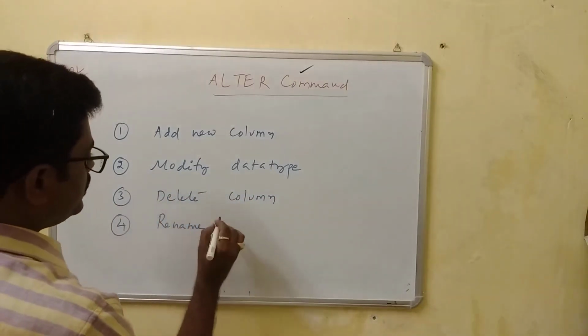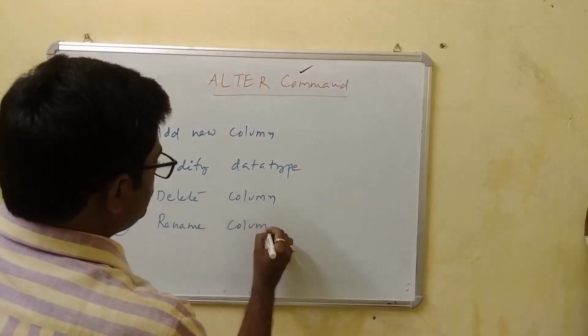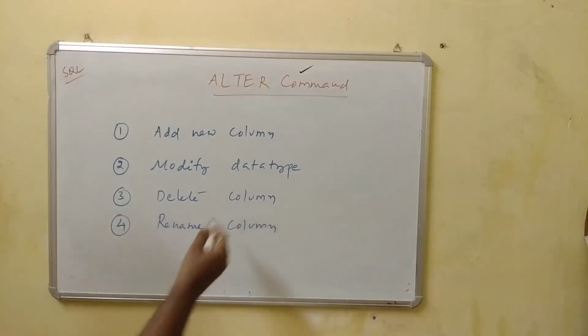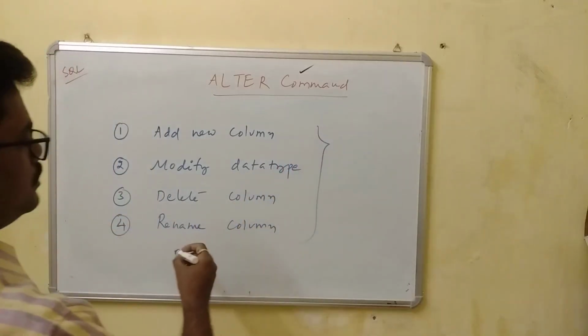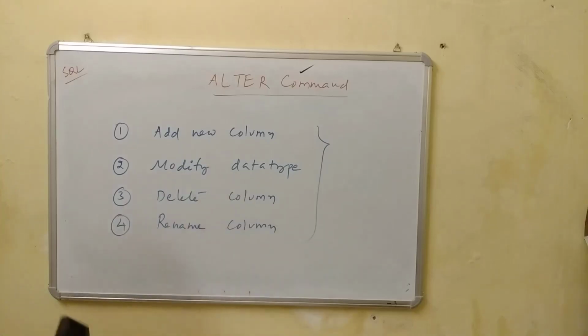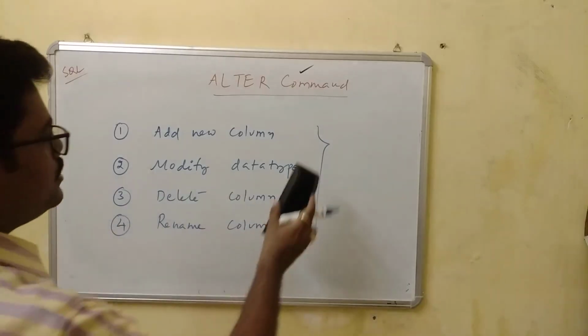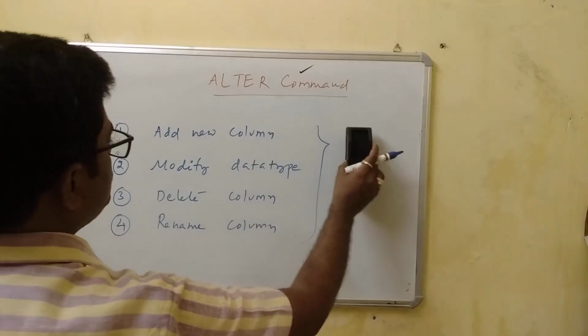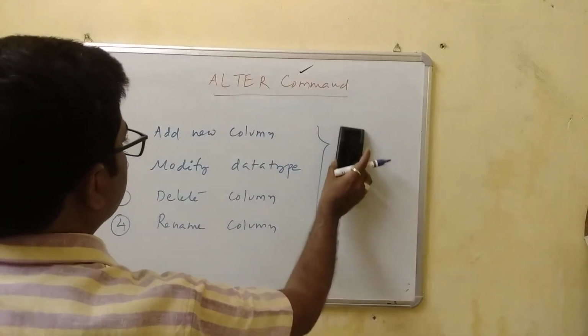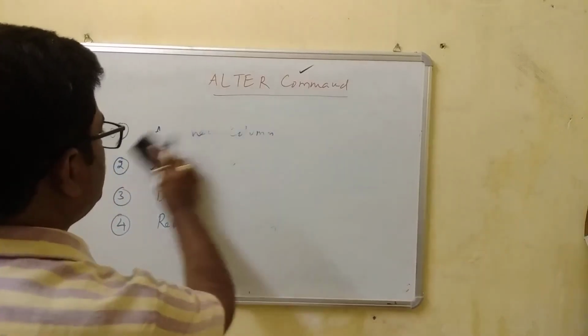If you want to rename any column, the existing column name can be modified or altered into a new column name. So these 4 operations we can do by using the alter command. Let us see them one by one in detail.